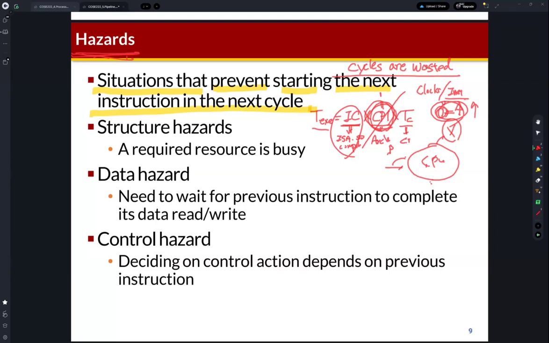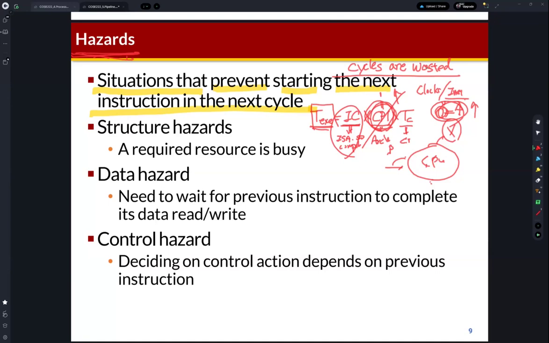What's the problem? When CPI increases, execution time, which is proportional to CPI, increases, and performance decreases. So it's critical for performance.